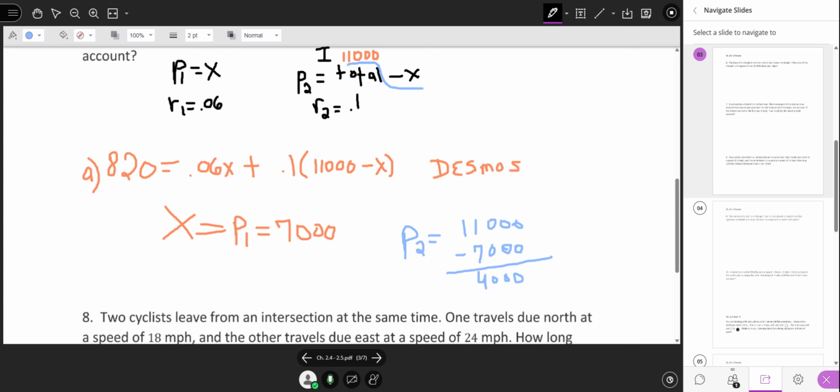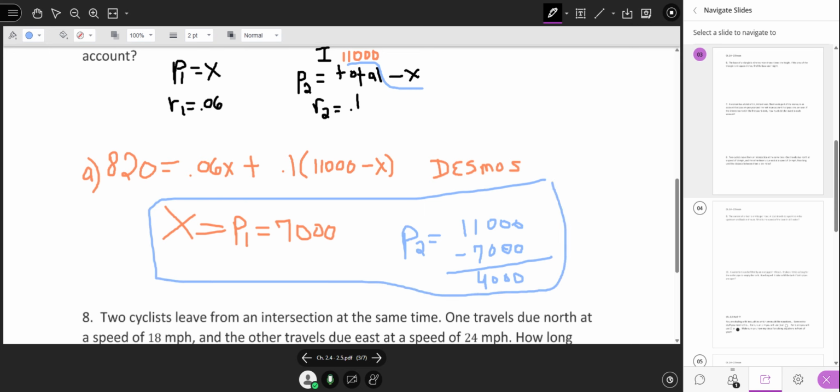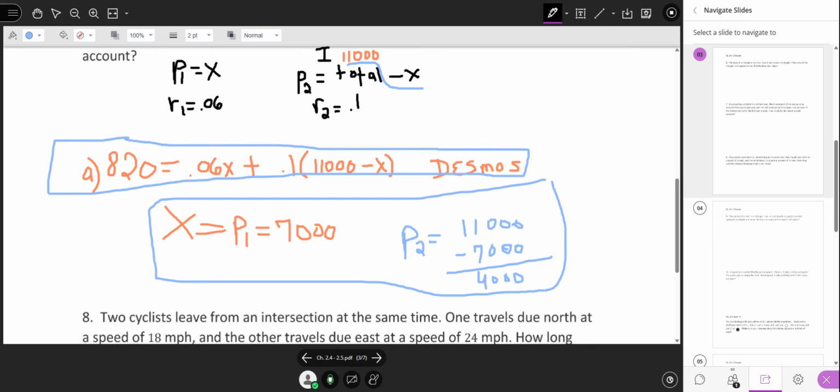On one of them, you find these two answers. And on one of them, you have to do this and then find the two answers.